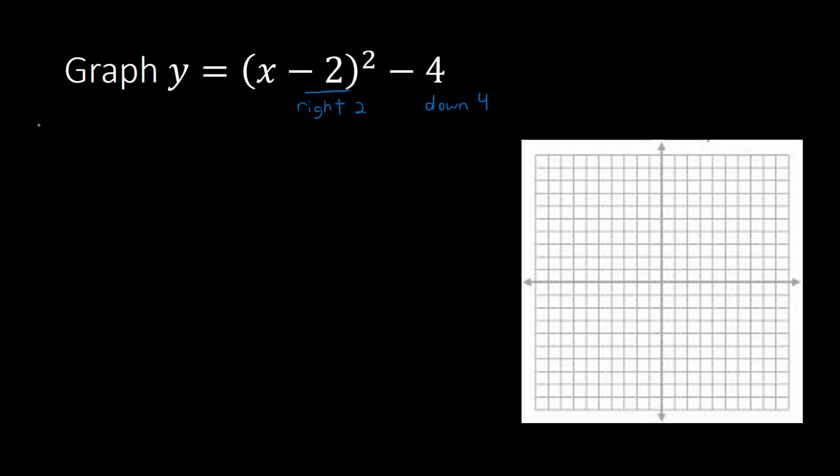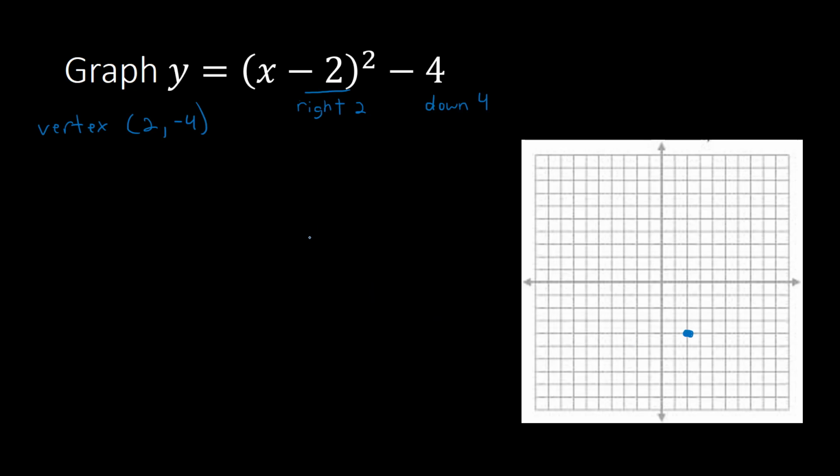So your vertex would be to the right 2, so positive 2, then down 4 makes it a negative 4. So my vertex would be 1, 2, then down 1, 2, 3, 4 to be right there. Okay, that's your vertex.